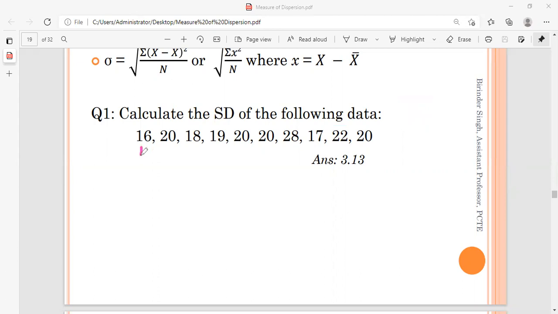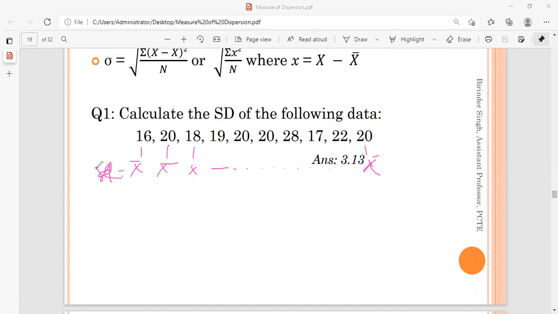Then we have to subtract the mean from every data point: 16 minus x bar, 20 minus x bar, 18 minus x bar, and so on, subtracting the arithmetic mean from all data points, and finally 20 minus x bar. Those will be the deviations.